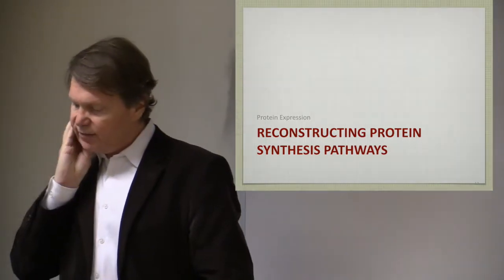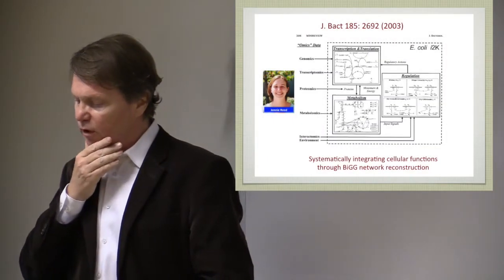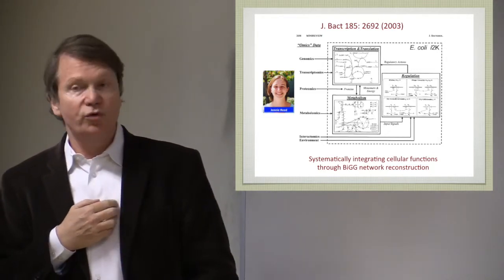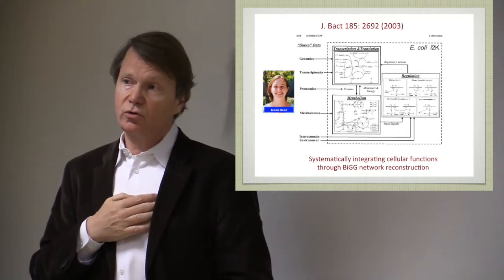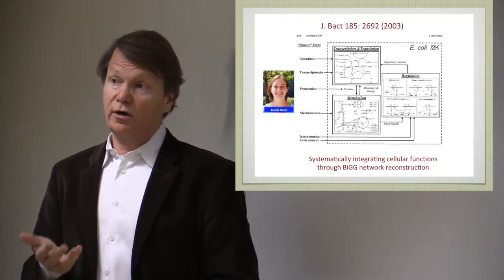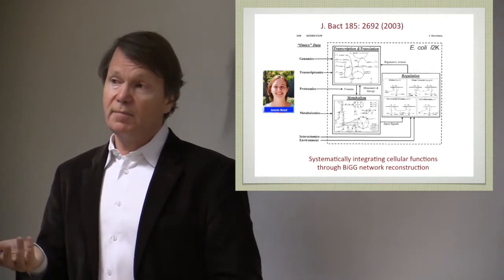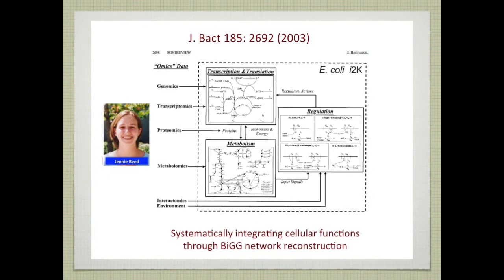So I think, as was evident in the lecture about the E. coli reconstruction, it became clear shortly after 2000 that you could reconstruct biochemical reaction networks on a genome scale, you could mathematically represent them, and you could get meaningful computation of phenotypic states. And Jenny Reed, who did the second version of the genome scale E. coli model, put together this review in 2003, shortly after this became clear.